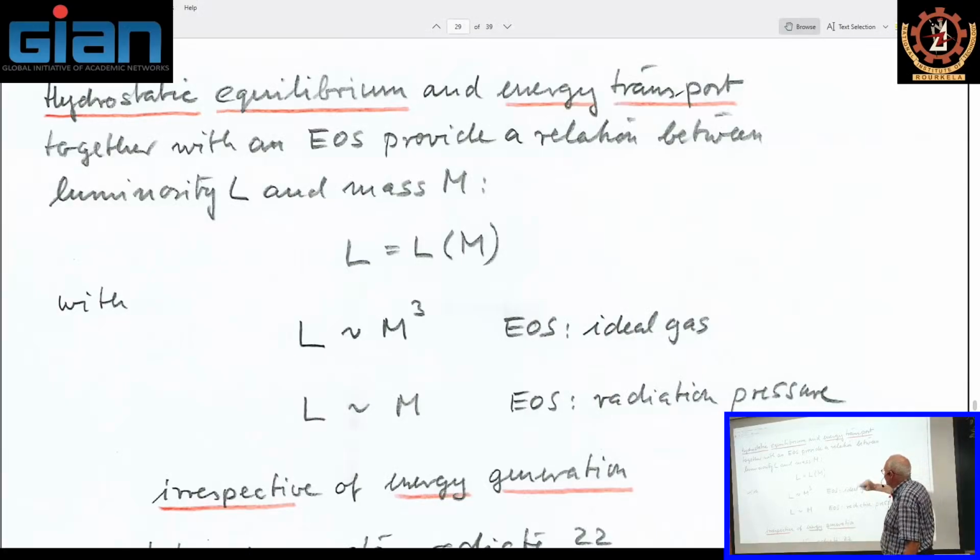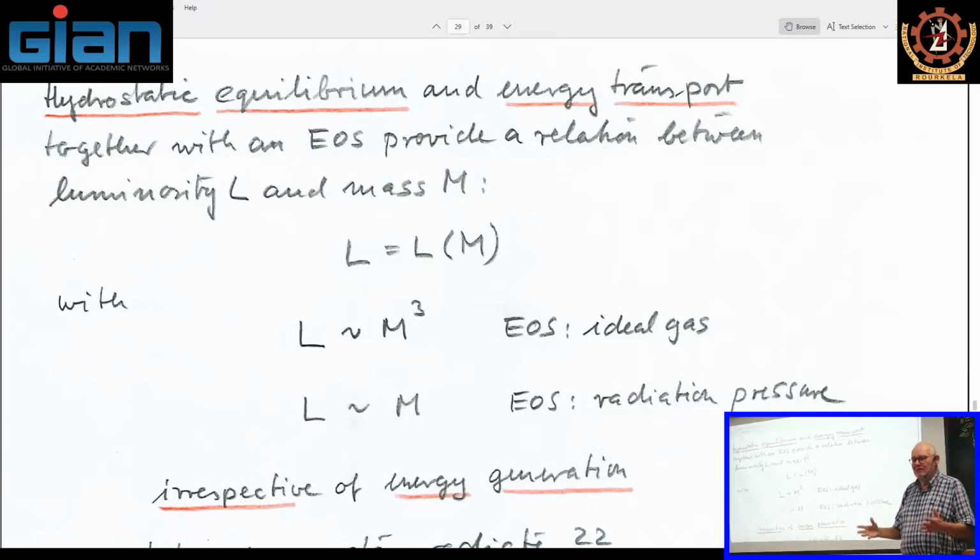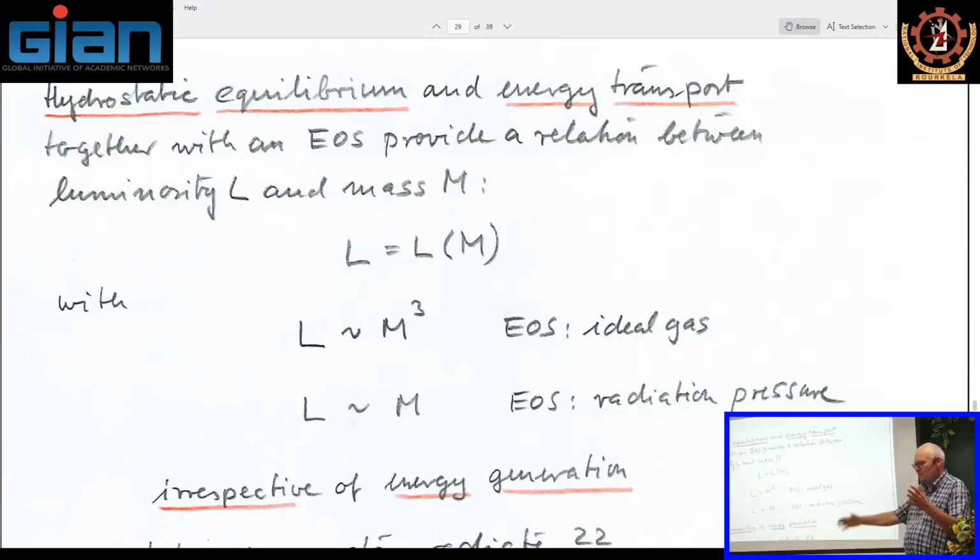And what we have used is energy transport. That means we have an energy flux because there is a temperature gradient. The energy transport relates the temperature gradient with the flux of the luminosity. And actually the luminosity is determined by the temperature gradient, or in other words, by the fact that the star is hotter inside than outside. There is a temperature gradient between the center and the surface, and therefore we have to have a flux.